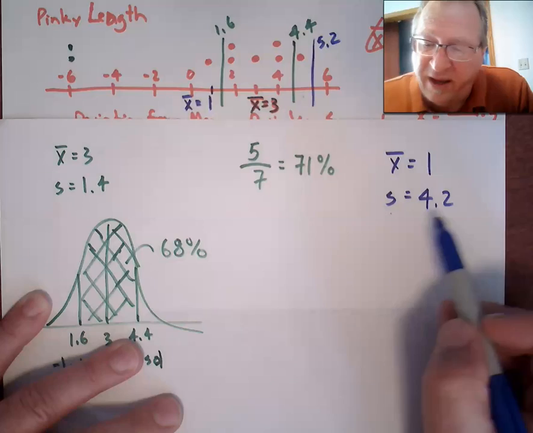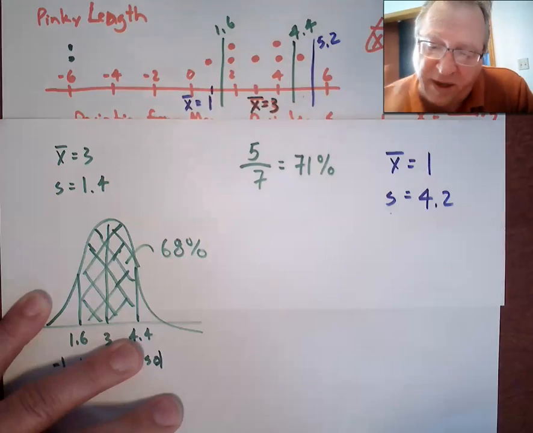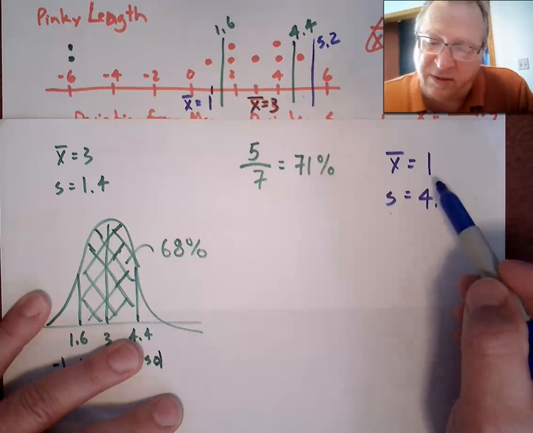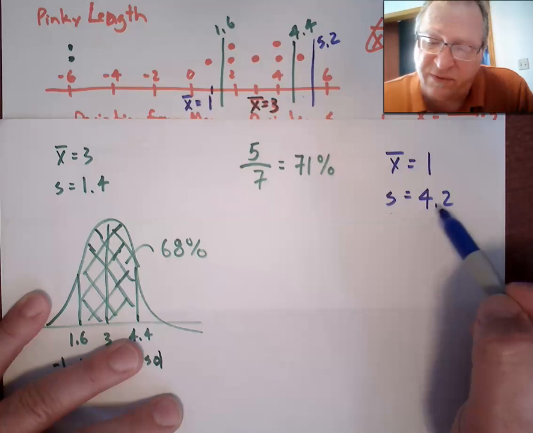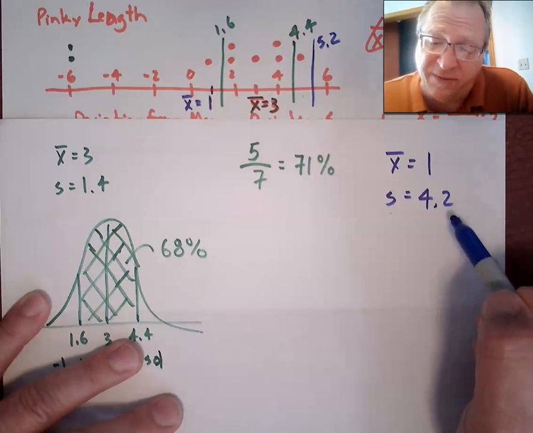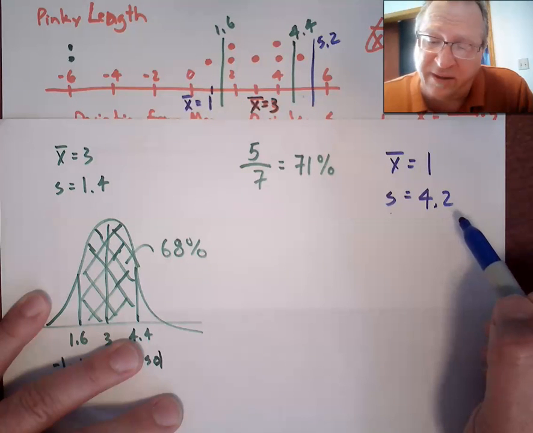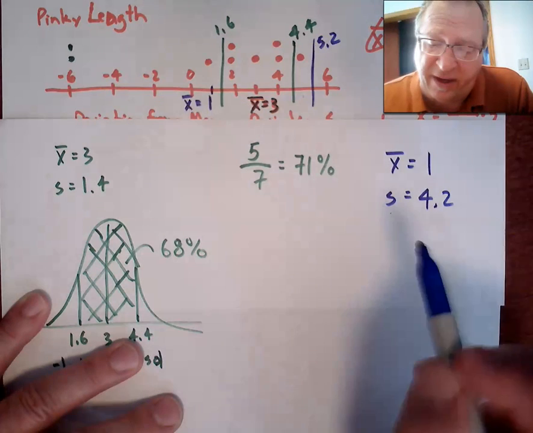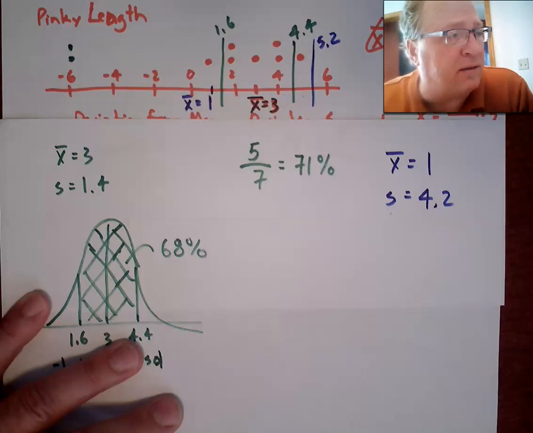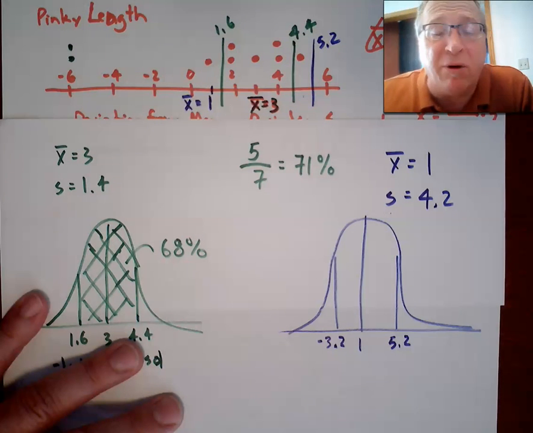And if I subtract 4.2 from 1, I'm going to go to, let's see, 1 minus 4.2. Oh, I got to double check this. How embarrassing that I can't do simple math in my head.